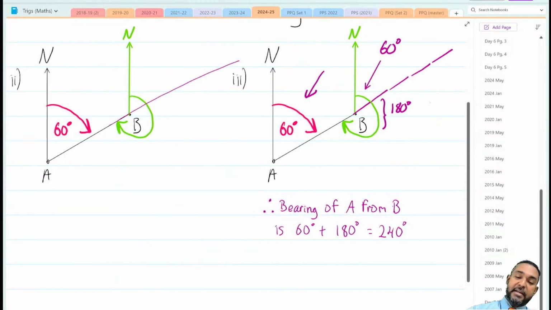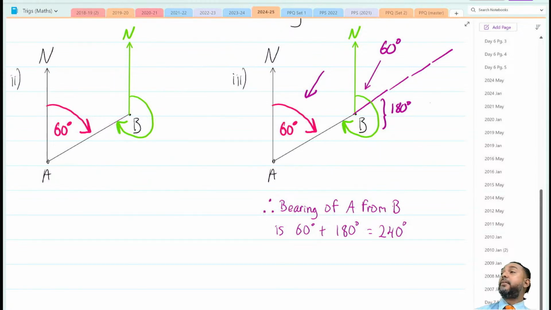When you extend it, you have a kind of sideways F, which means that this angle here and this angle here are equal. They're both equal to 60 degrees. And then the remaining portion of the angle along there, because it's on a straight line, is 180. So we add those two portions, the 60-degree portion and the 180-degree portion, and get 240.